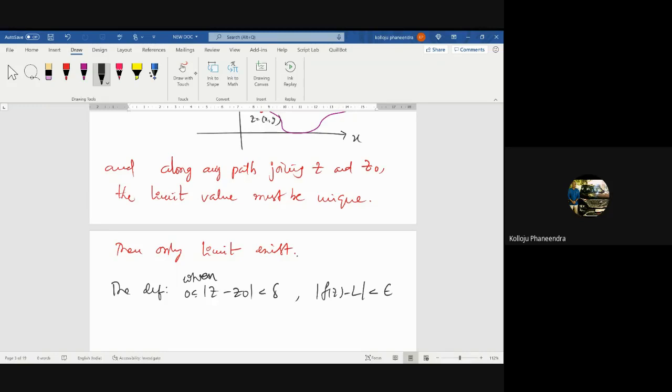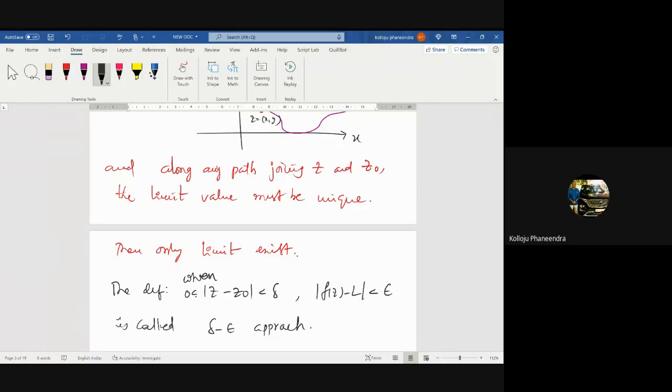This definition is called the delta-epsilon approach. Whenever I use delta and epsilon, this is called the definition of a limit using the delta-epsilon approach.